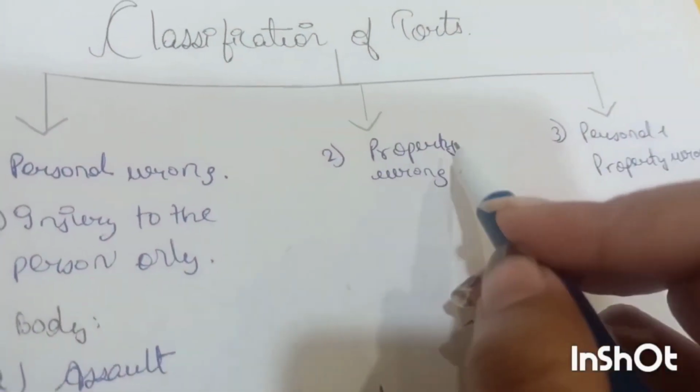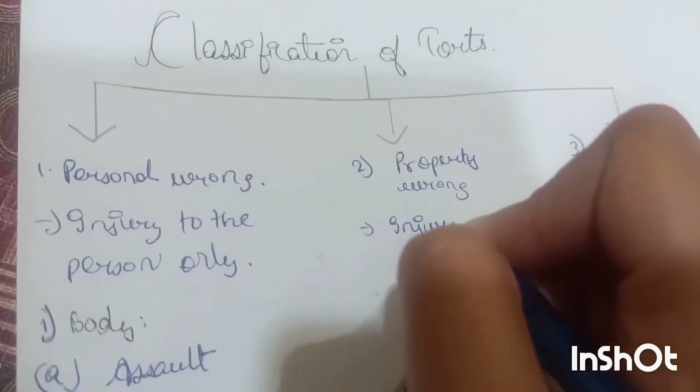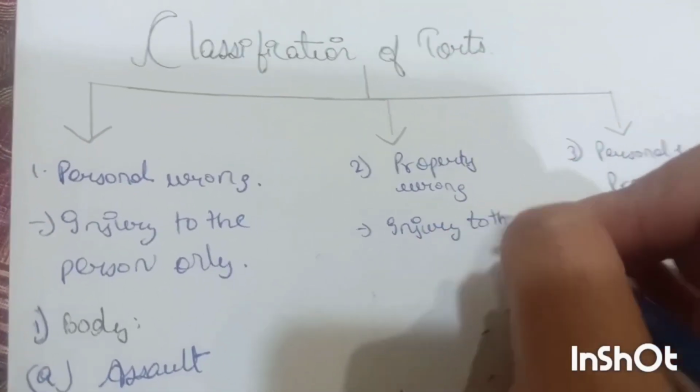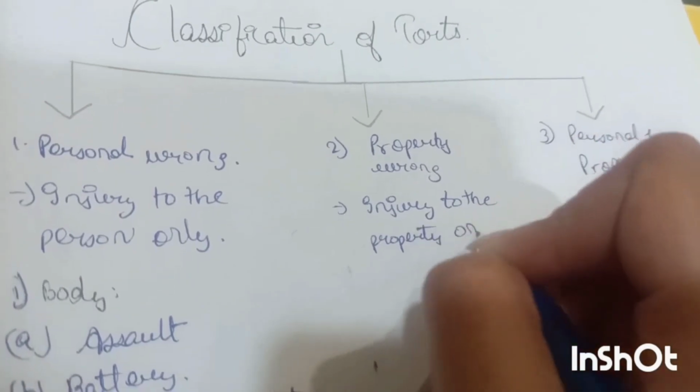Now let's see property wrong. In this, it is injury to property only.